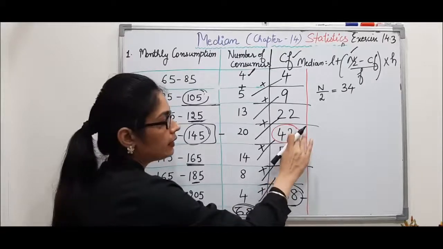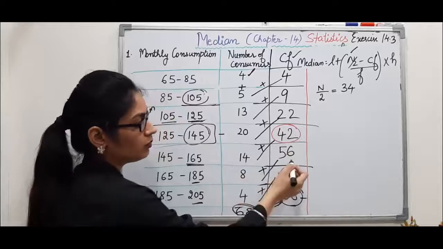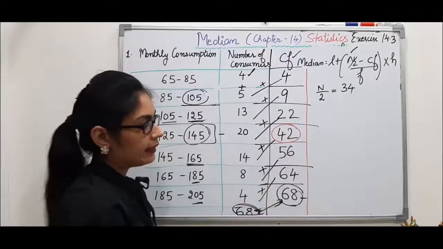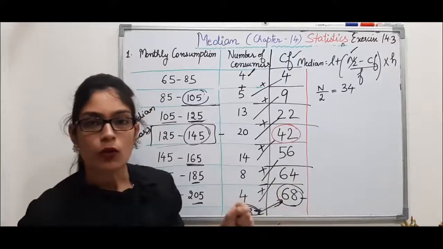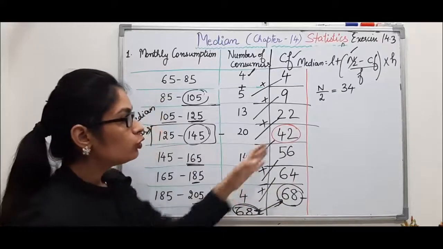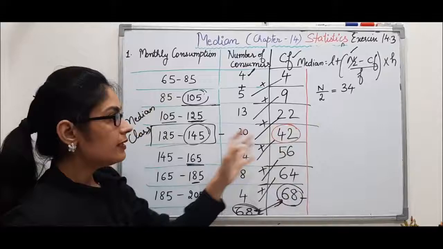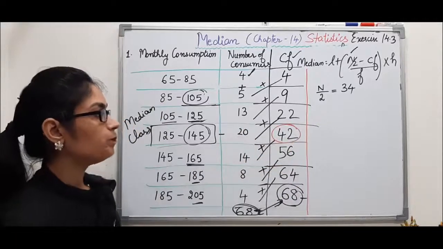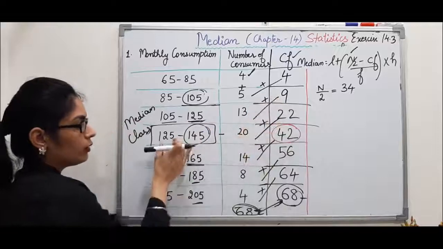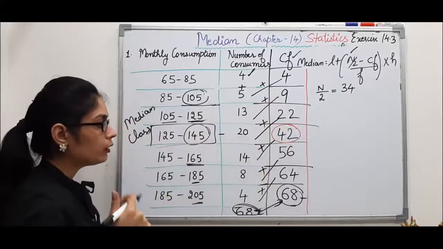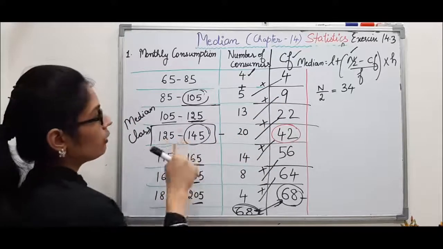See, nearest greater you have to choose. You cannot choose 56. See all these are greater. 56 also greater, 64 is also greater and 68 is also greater. But you have to choose the nearest greater. See nearest greater is 42. So that's why just opposite to 42 you have to see it is 125 to 145.